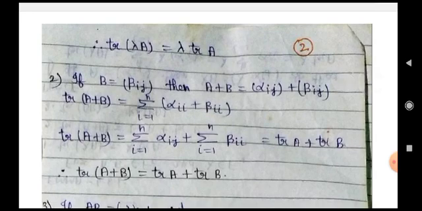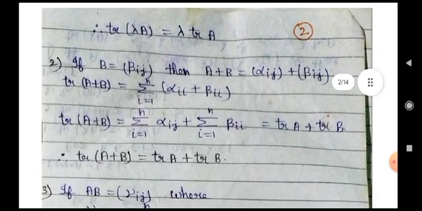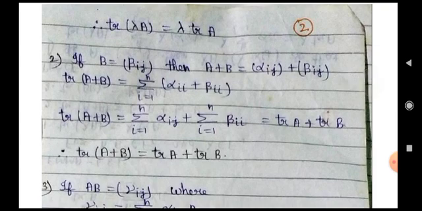Now the second one. If B equals (beta ij), then A plus B equals (alpha ij plus beta ij). Now taking trace for this A plus B, trace of A plus B equals summation i equals 1 to n (alpha ii plus beta ii).